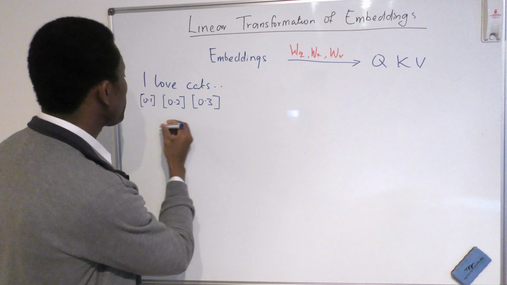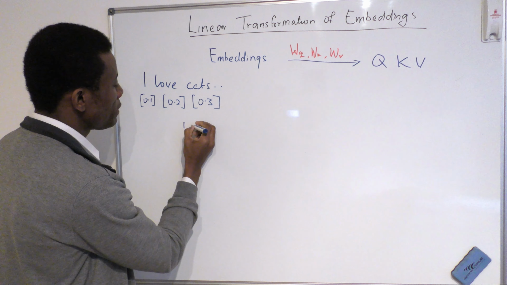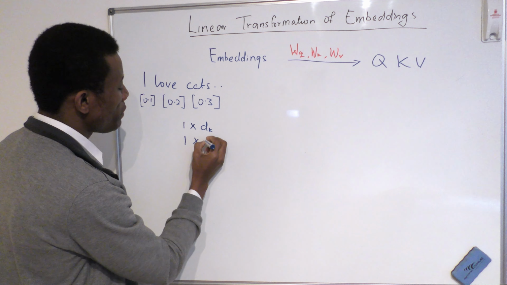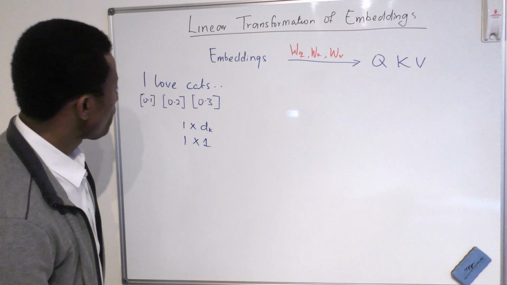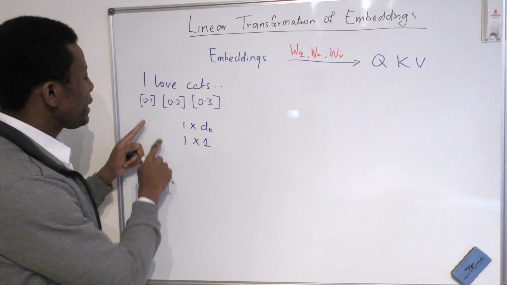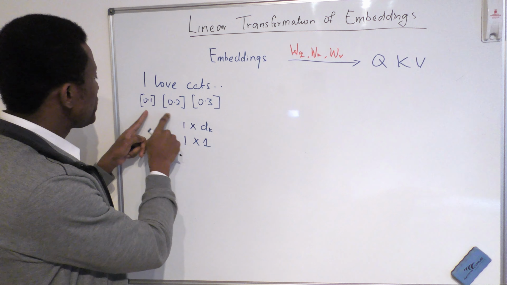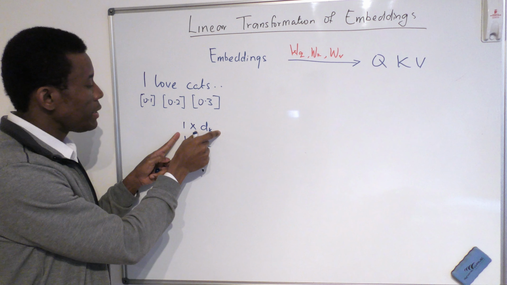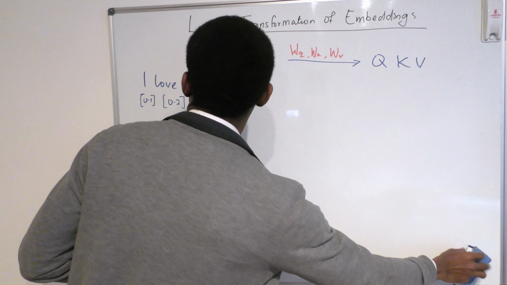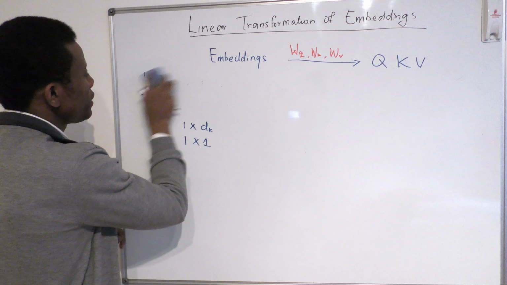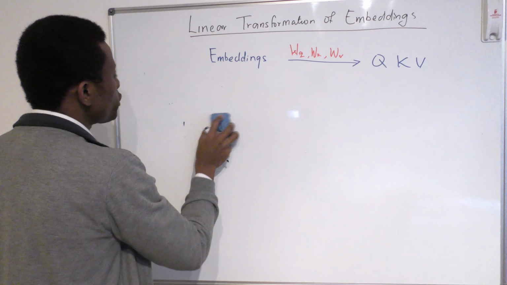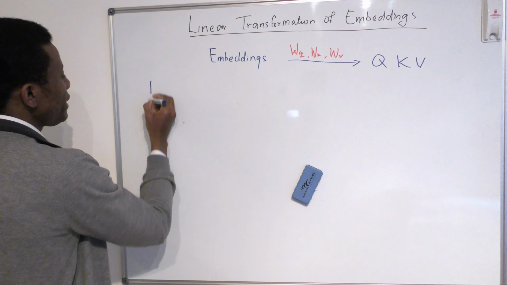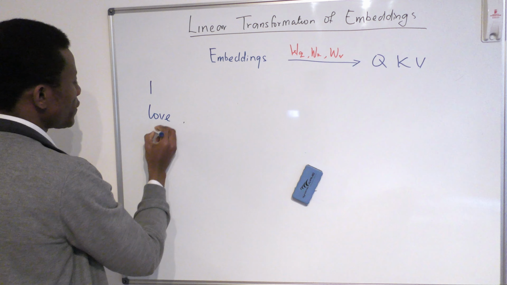So in this case, we have a dimension here of 1 by dk, which is actually 1 by 1. Generally, the embedding size is always 1 by the actual embedding size. To clarify, I'm going to lay it out horizontally so that we can play around with it. So we have I love cats.